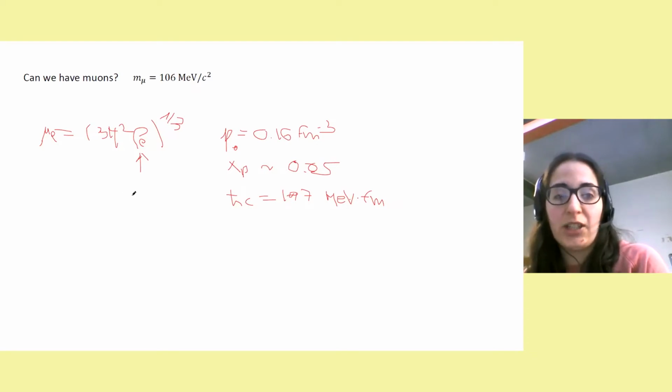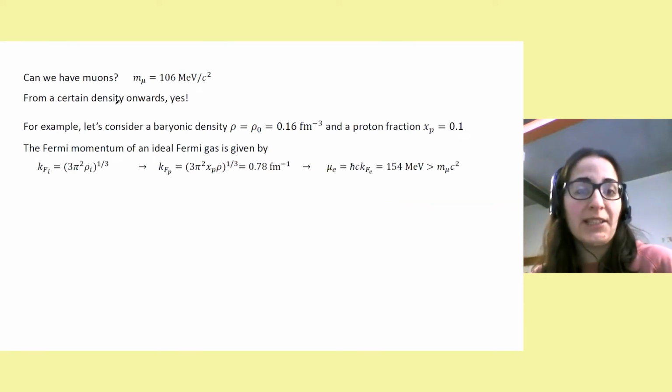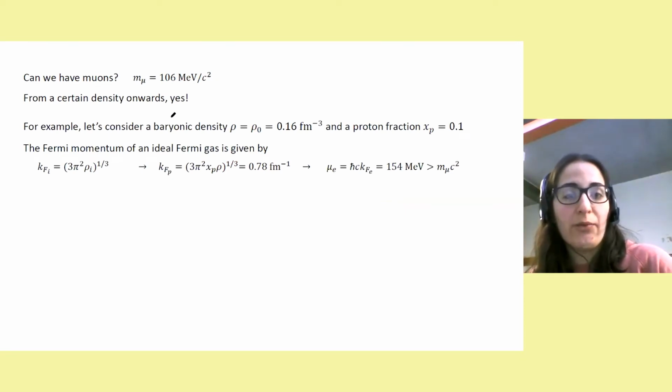So it is energetically favorable for these electrons to decay into muons, because they are very high in their Fermi sea. So yes, from a certain density onwards, we expect to have muons in neutron stars. Okay, so this is what I was asking you to do.